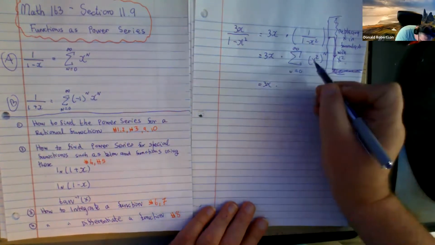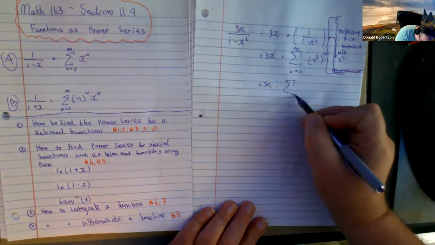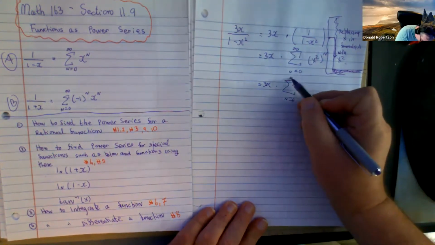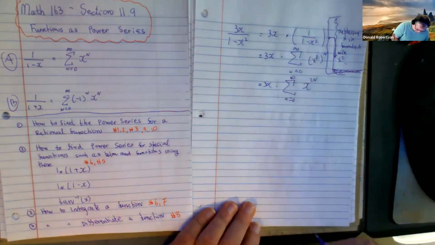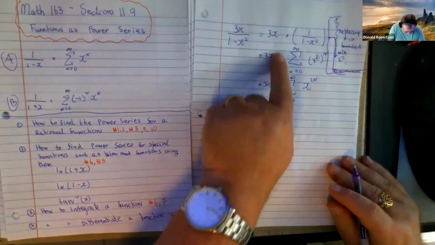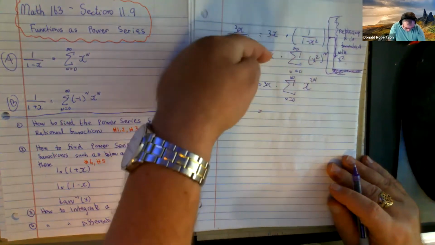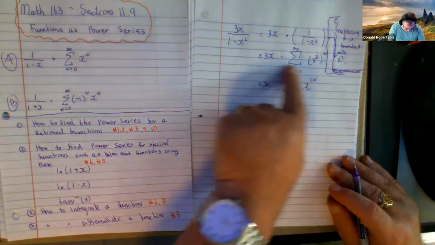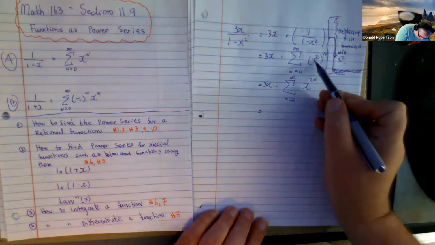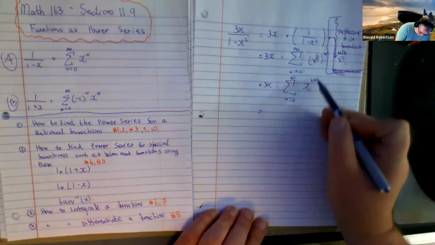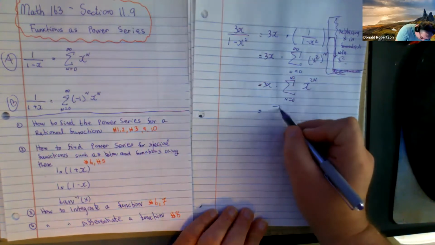So we have 3x, and this is going to be turned into x squared raised to the power of n, x to the 2n. And all I'm doing really from this line here, where my finger is, to the end, is getting everything into a single sigma. So x squared raised to the power of n gets me x to 2n.